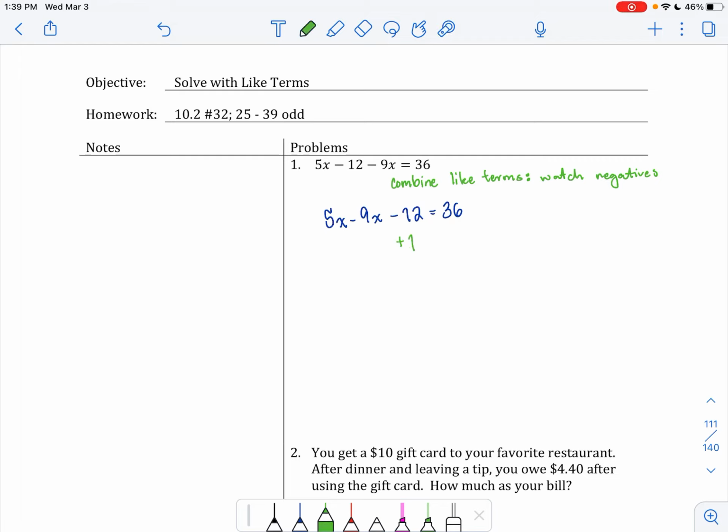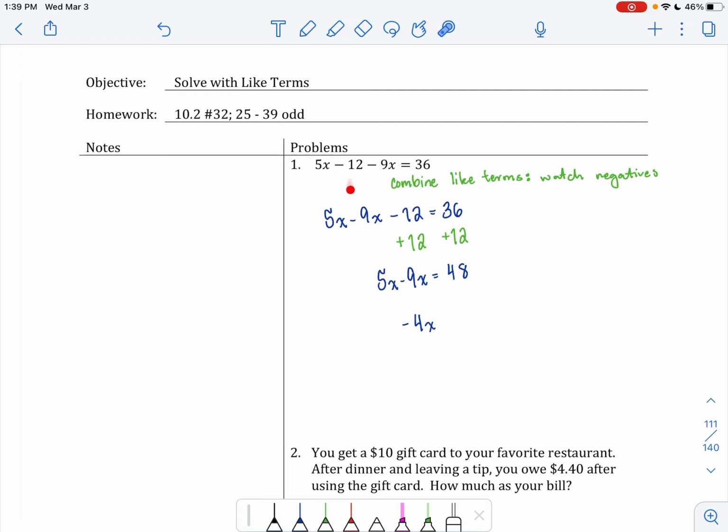But you'd still have to add it to both sides. So now 5x minus 9x equals 36 plus 12, which is 48. Now here, we are really asking ourselves, what's 5 minus 9? And that would be negative 4x.